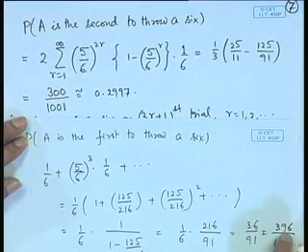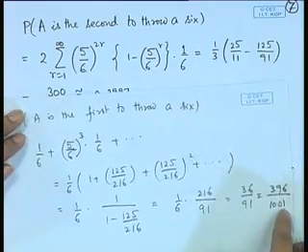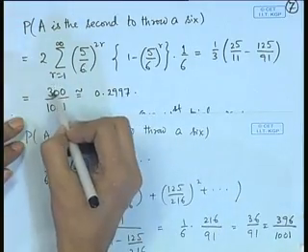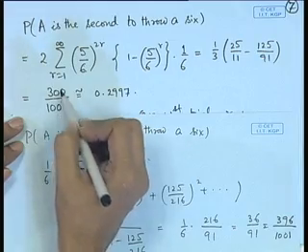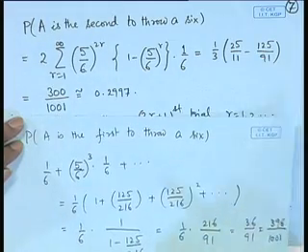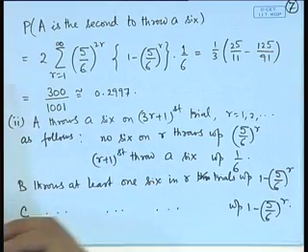Since A is the first player to get a chance for throwing, the probability that he will be the first to get a 6 is much higher, that is 396 by 1001, corresponding to when A is the second, that is 300 by 1001. The probability is reduced.